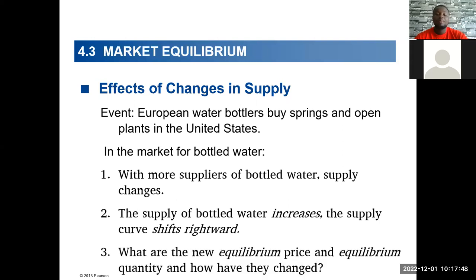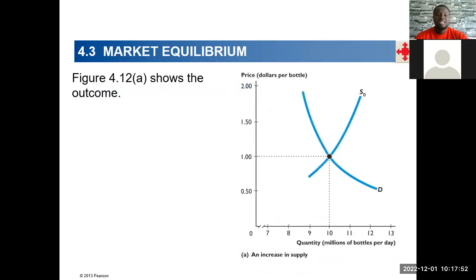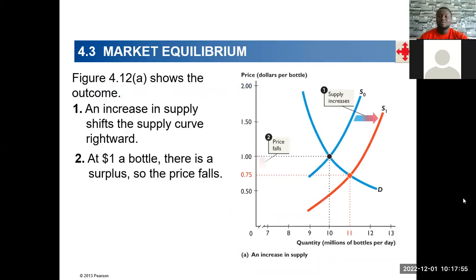So let's look at what happens to equilibrium price and quantity. Now, our initial equilibrium. At this point, now there's an increase in supply. That will cause a surplus, right? So price falls, equilibrium price will fall and come to 0.75. When price falls, what happens to quantity demanded? It increases.